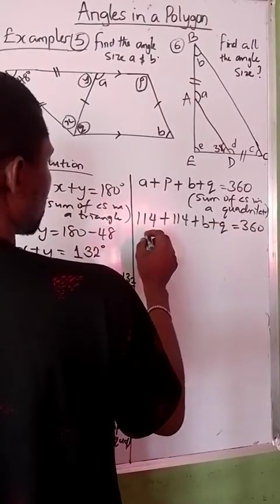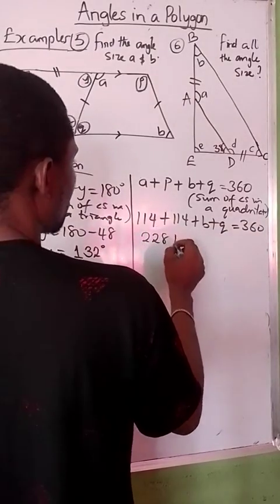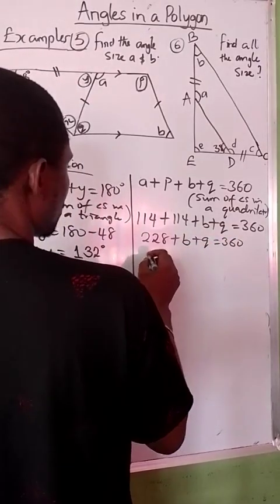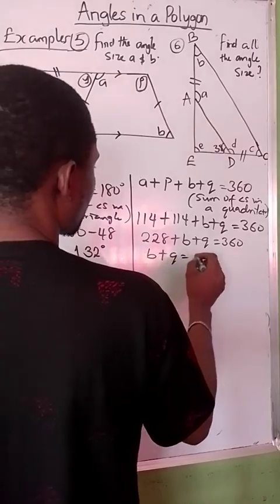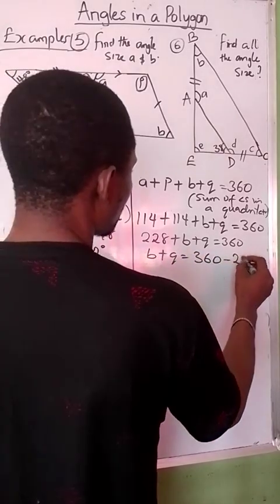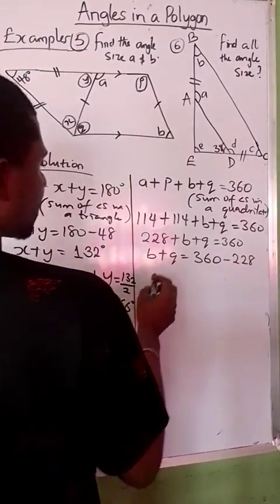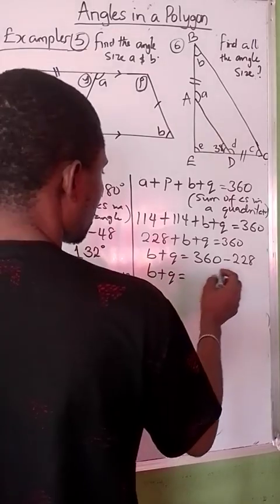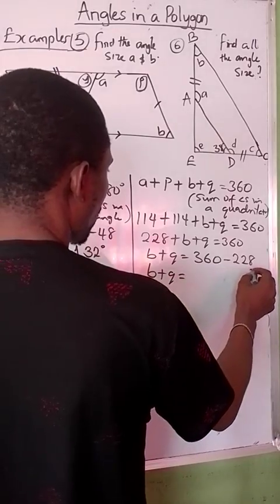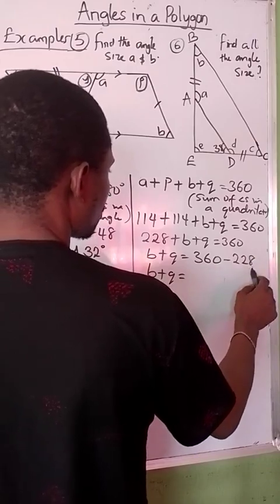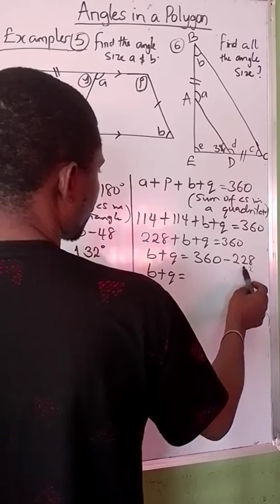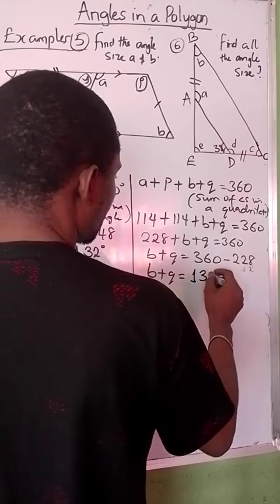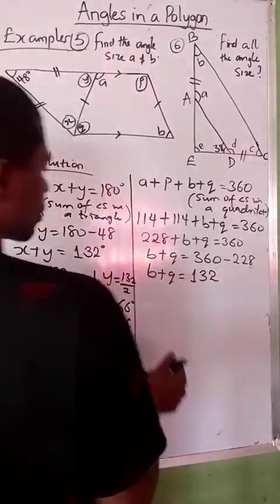So this is 228 plus B plus Q equals 360. So B plus Q equals 360 minus 228, which is 132 degrees.